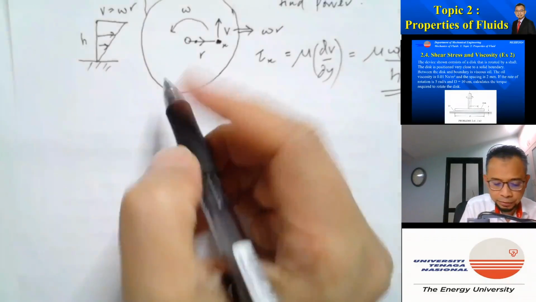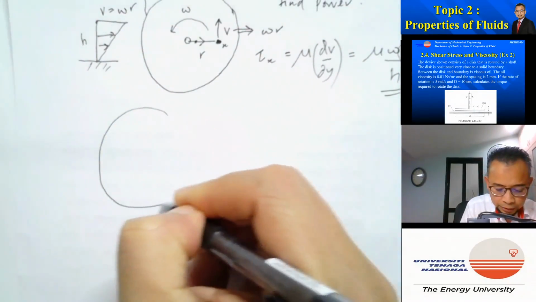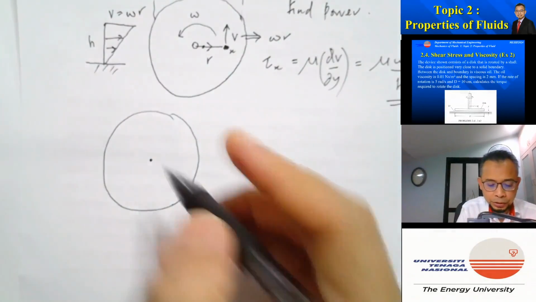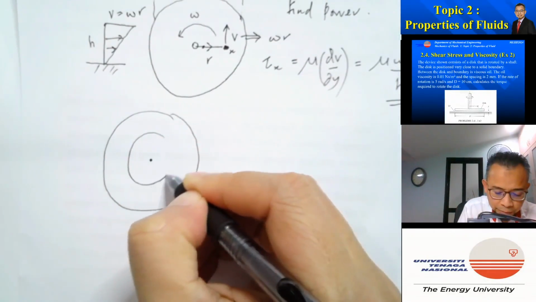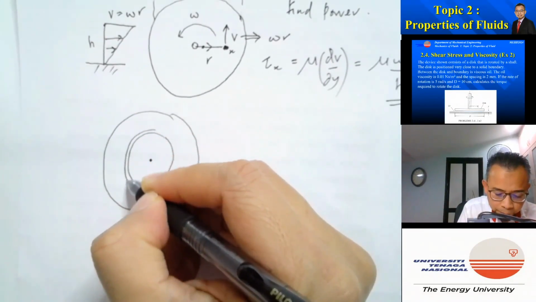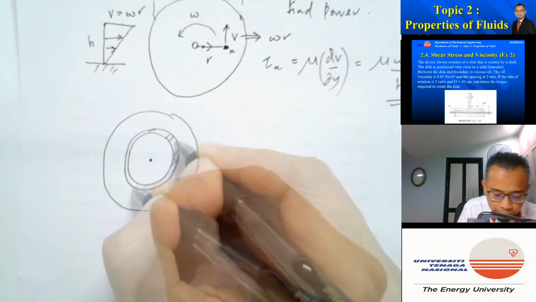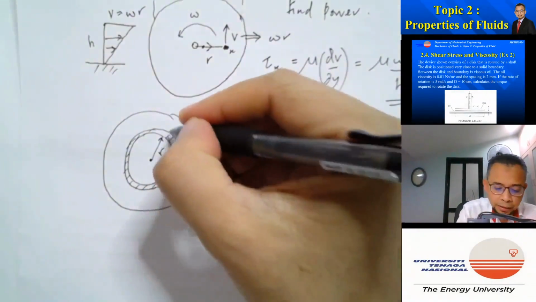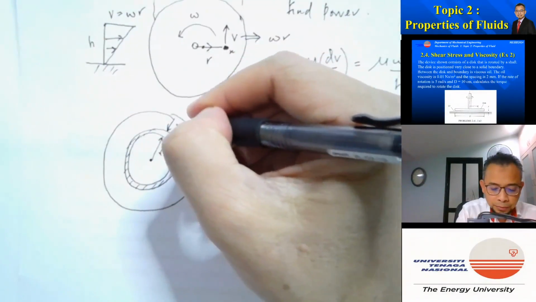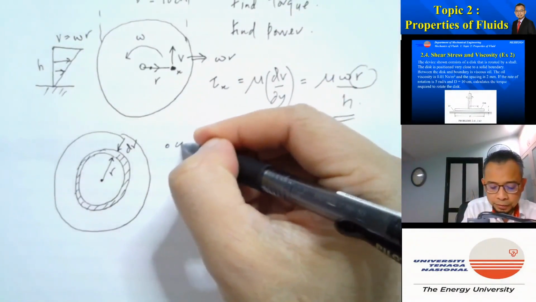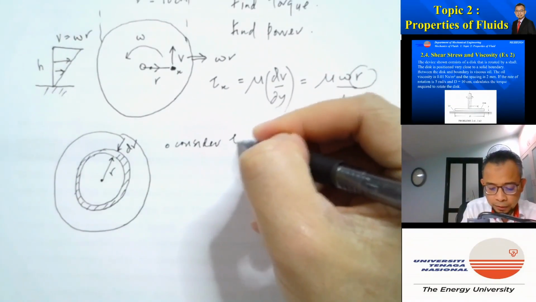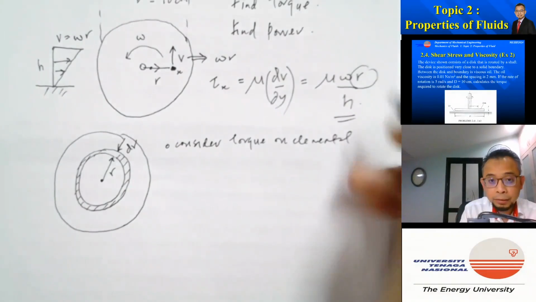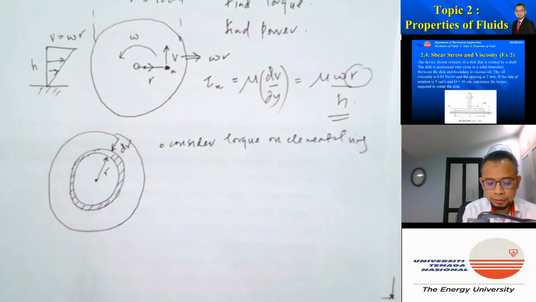If I draw again, this is the disc, and this is the center of rotation. If I consider an elemental element like that, whereby the distance from the center of rotation is r, and the thickness is equal to dr, let's consider the torque on the elemental ring.